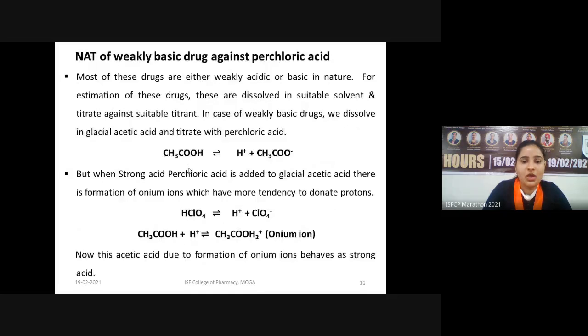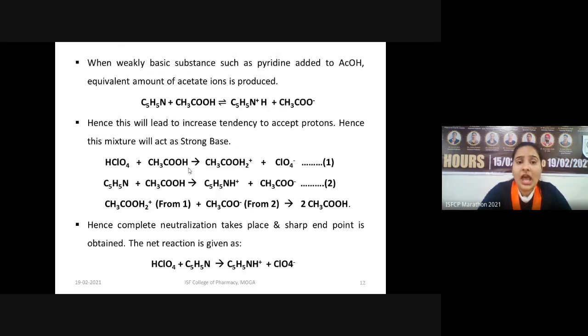What we have observed here is that when we dissolve acetic acid in perchloric acid, acetic acid being a weak acid is going to be protonated by the perchloric acid which we have added. This results in the formation of the onium ion. The pyridine, that is the sample which we want to estimate, is also going to react with the acetic acid to form acetate ion, and protonated pyridine is formed.